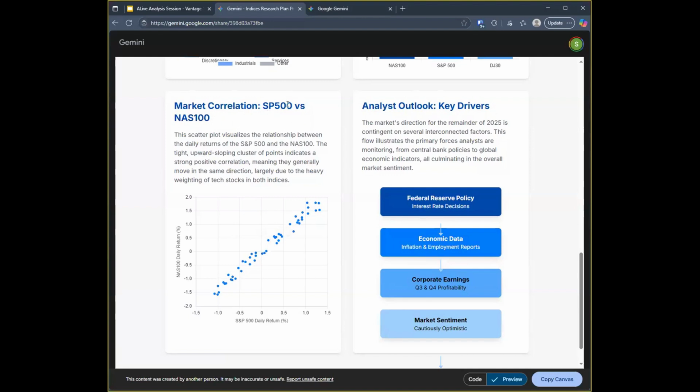So for example, if you know that the S&P 500 and NASDAQ 100 are highly correlated, and the S&P 500 starts to move in the upward direction versus the NASDAQ 100, which is still ranging, then that will be the signal for you to trade the NASDAQ 100 in the direction of the S&P 500. They are highly correlated.